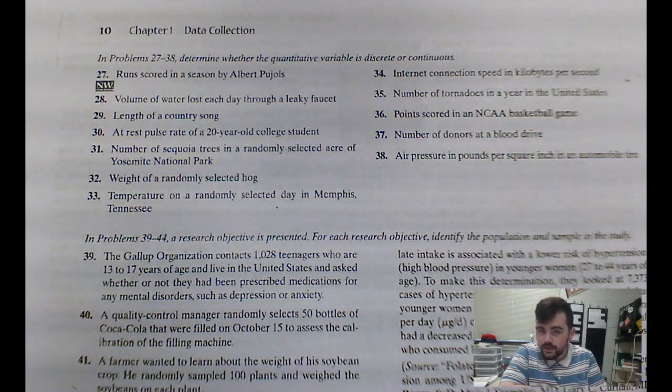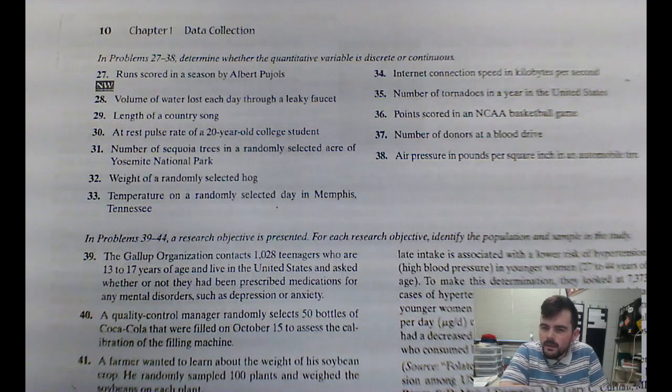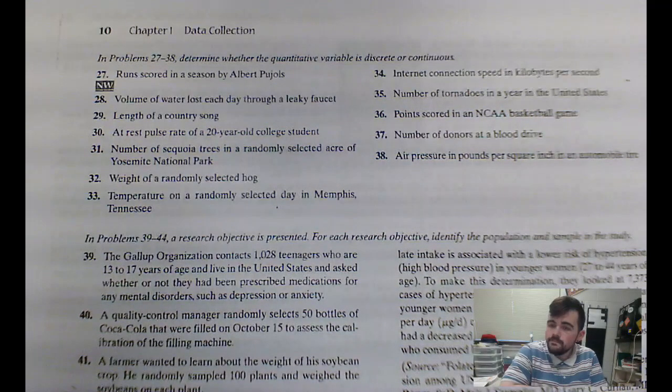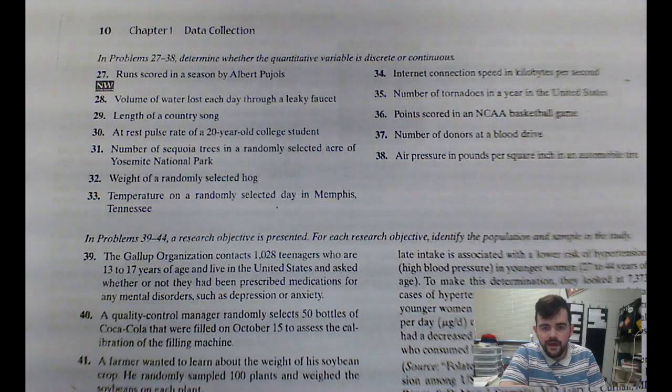Continuous, on the other hand, those are variables in which you would have to measure somehow. And there's like an infinite amount of in-betweenness. So for example, how tall you are. You could be 5 feet or 6 feet tall, or 5.5 feet tall, or 5.25 feet tall, or 5 and an inch, or 5.5 an inch, or 5.25 an inch.